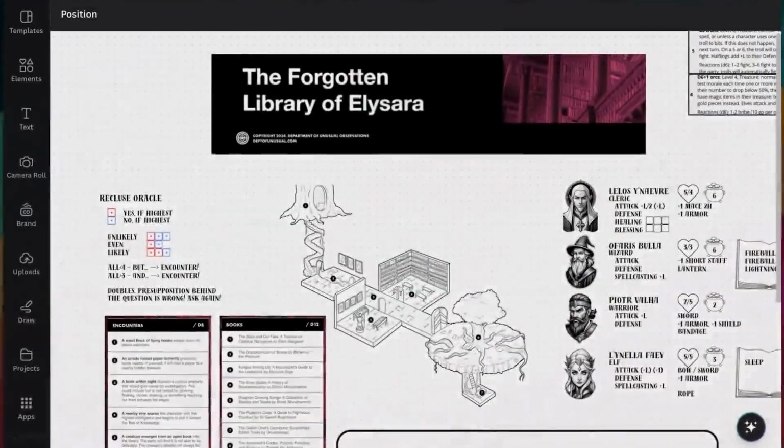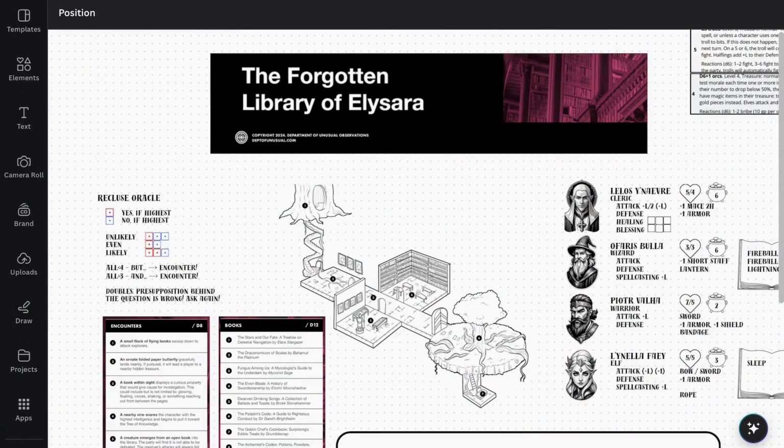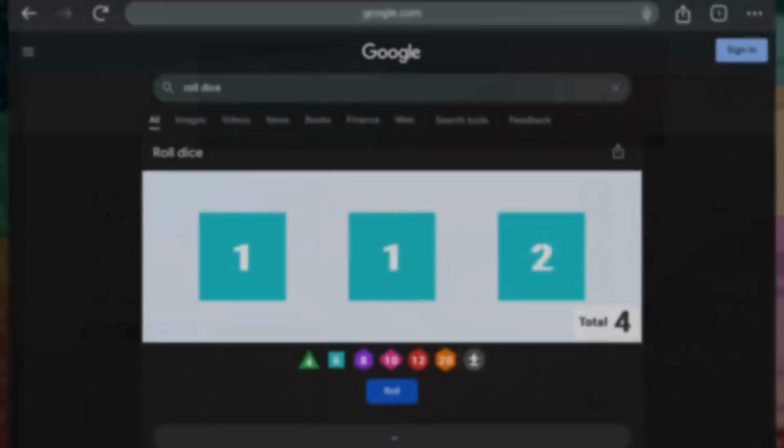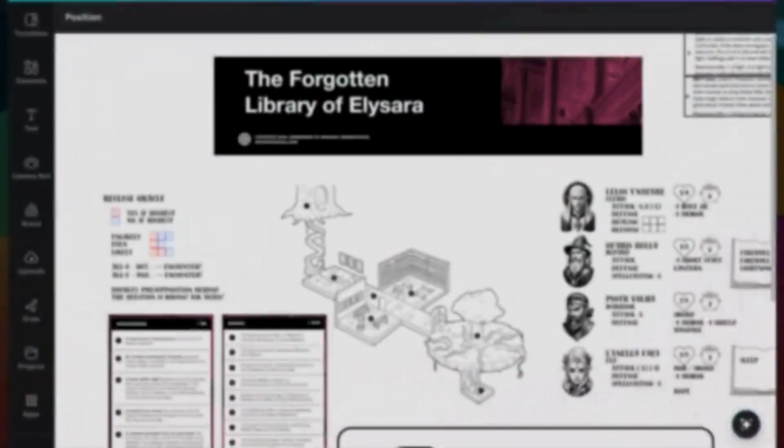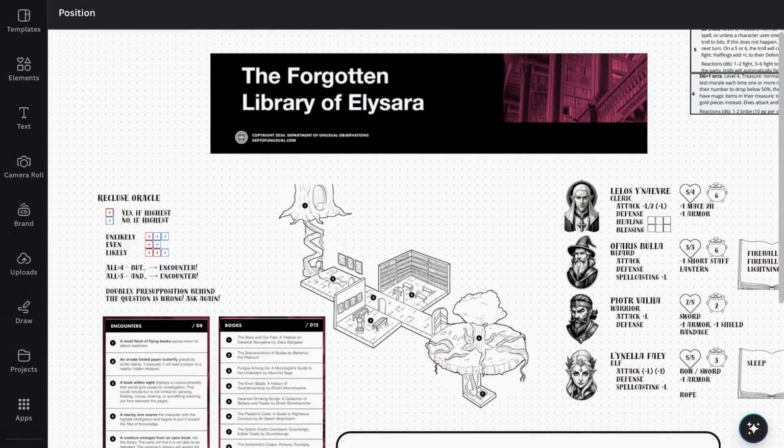Okay, so it is a no, and okay, it was unlikely. So they couldn't open the next door this way, and actually I've rolled 1, 1, 2, so all the 3 are low rolls, meaning encounter.